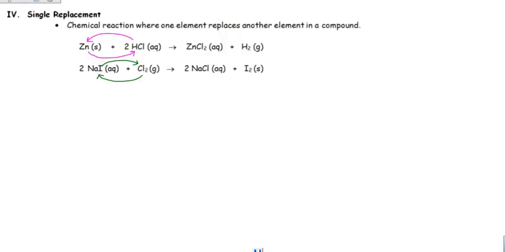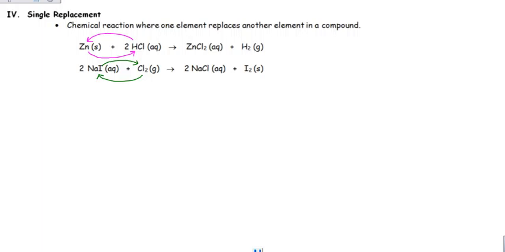Okay, well that kind of makes sense. If I think about this first reaction, if zinc is going to kick out hydrogen and replace hydrogen, then zinc needs to be more reactive than hydrogen. If not, no reaction will occur. Same thing in the second example.